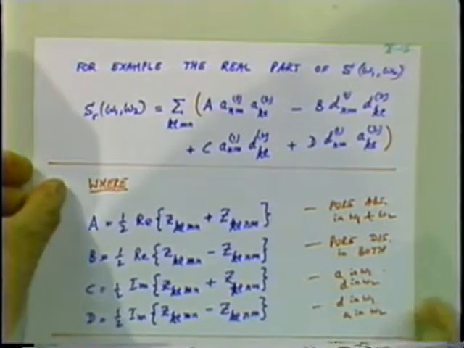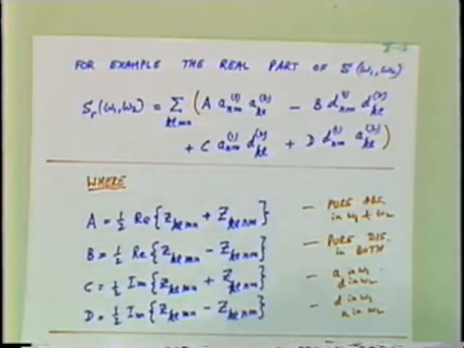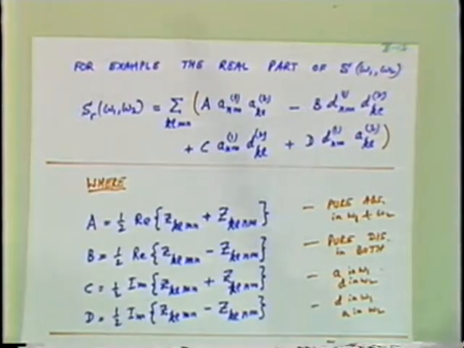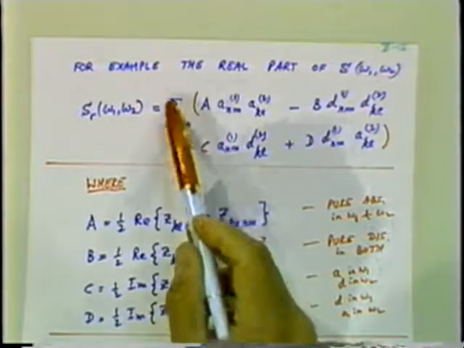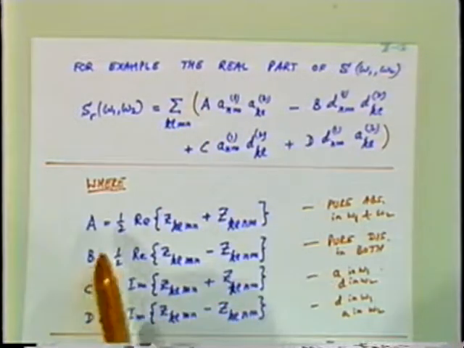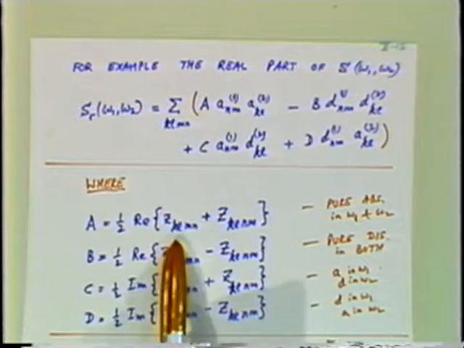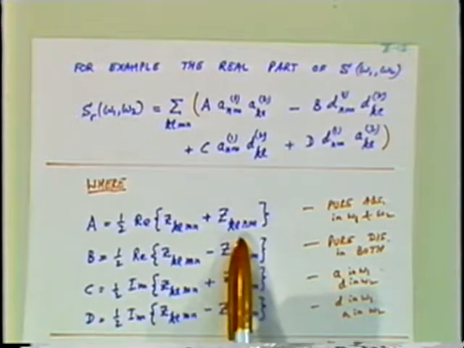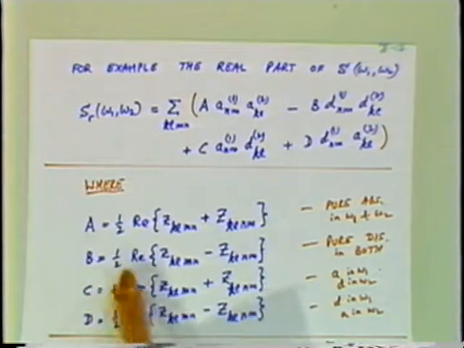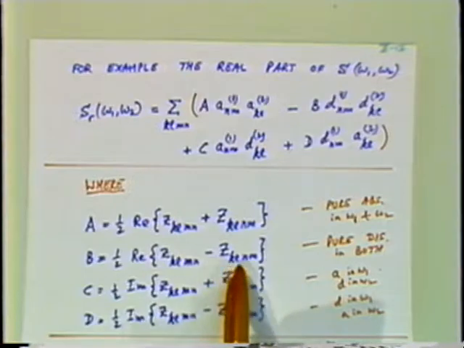Okay, for example, the real part of S(omega 1, omega 2) is given by this, where A is the real part of ZKLMN plus ZKLNM. B is the real part of ZKLMN minus ZKLNM.